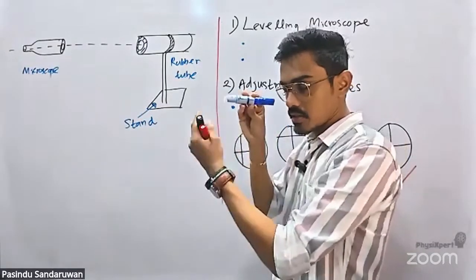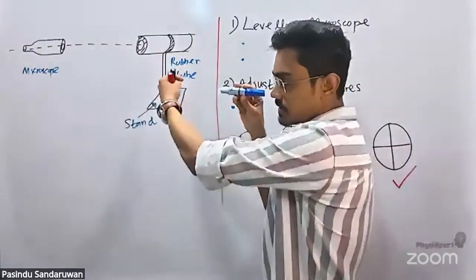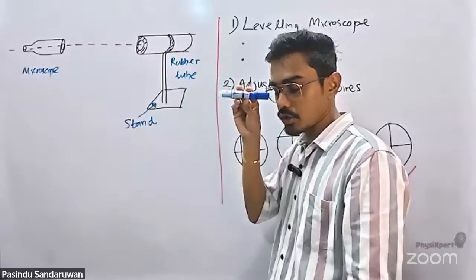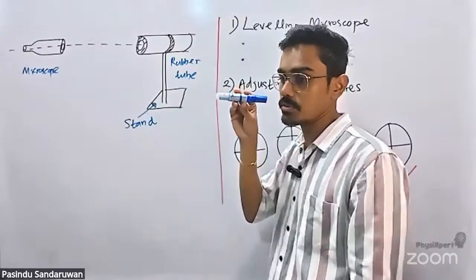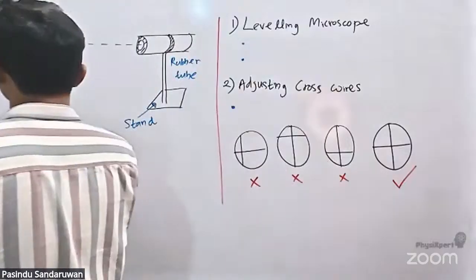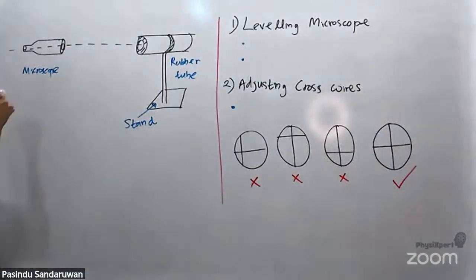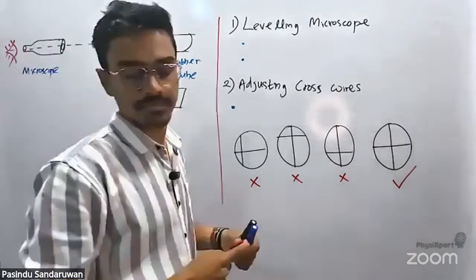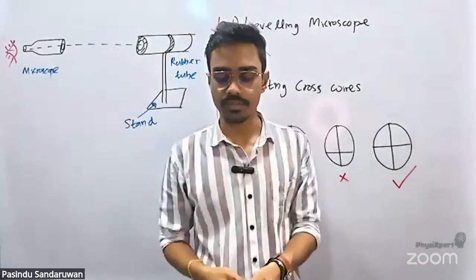So in front of the microscope, this stand is kept. On the stand, I have fixed the rubber tube that is going to be measured. We are going to keep the eye somewhere here. That is the eyepiece. Is it clear, students?